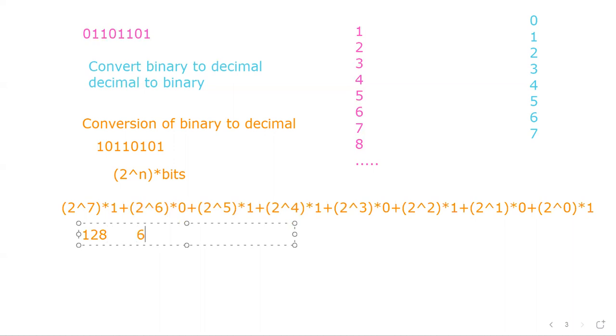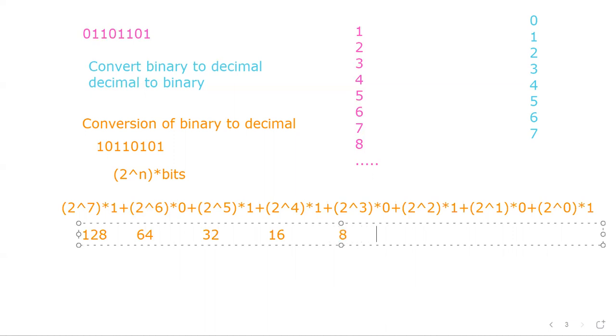Then 2 to the power 6 is 64. 2 to the power 5 is 32. 2 to the power 4 is 16. 2 to the power 3 is 8. 2 to the power 2 is 4. 2 to the power 1 is 2. 2 to the power 0 is 1.